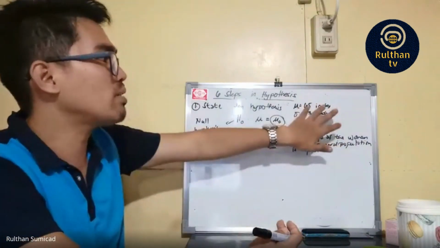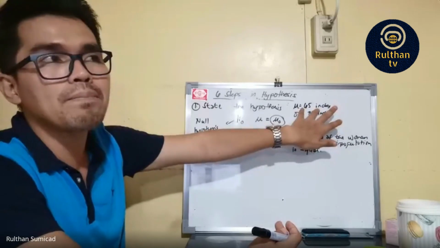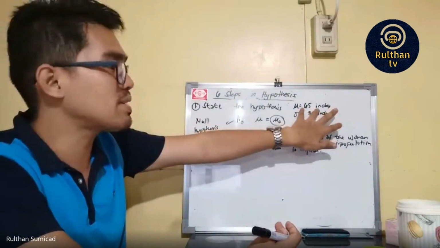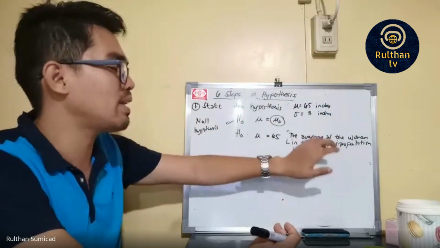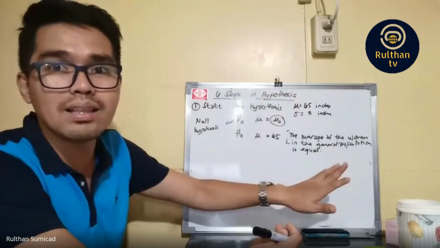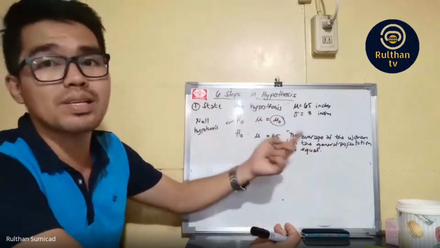So as we assume that the average height of the woman in the general population is 65 inches, it means also that the average height of the LLD woman is also 65 inches.